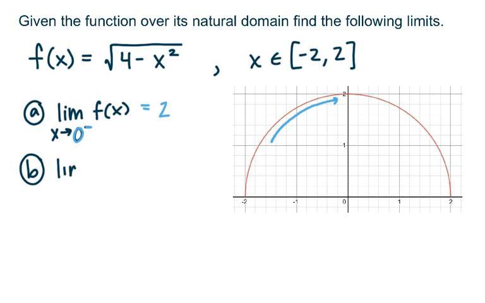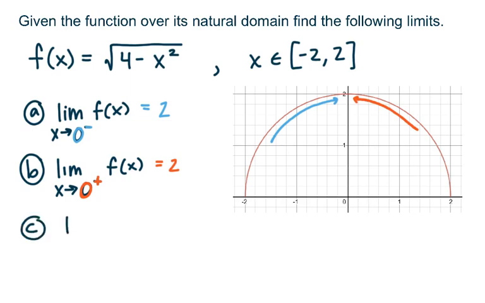Similarly, let's find the limit as x goes to 0 from the right of the function. Approaching 0, this plus sign superscript implies from the right. So let's travel along the graph from the right side towards x equals 0. Again, we see that the output value is 2.